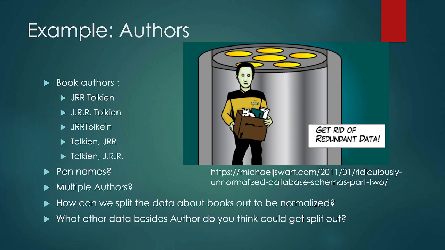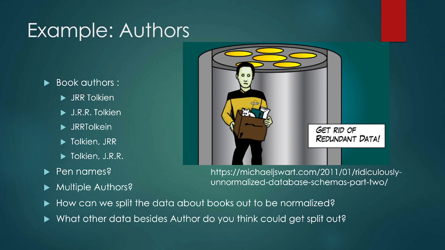And if we were normalizing our data, what we would be able to do is have a table that is just authors. We could decide the format that we want our data to be in. Let's say we want the format to be J period, R period, R period, space, Tolkien. We've decided that's how we're going to write this. Then we would be able to say, okay, in our authors table, author 1 is J.R.R. Tolkien.